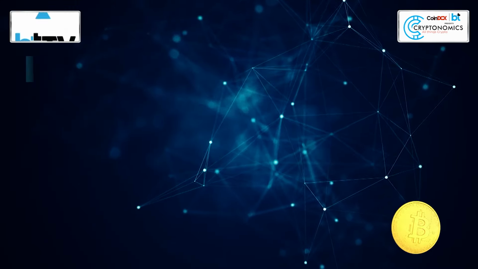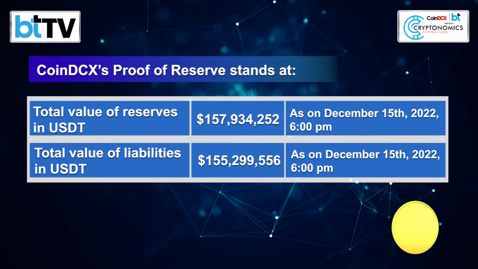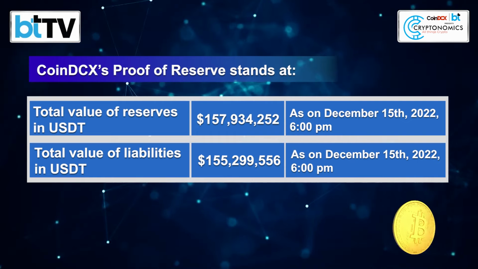And the reserve to liability ratio, basically, if it is more than 1, then we have as many reserves as we owe to the users. So even if you see our audit report, for example, you will see that we have nearly 157 million reserves in USDT and liabilities of nearly 155 million. So the reserves to liabilities is more than 1. Hence, from an old school banking perspective, we are positive for covering our users' liability.